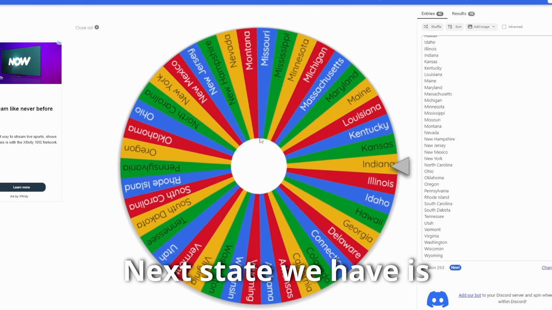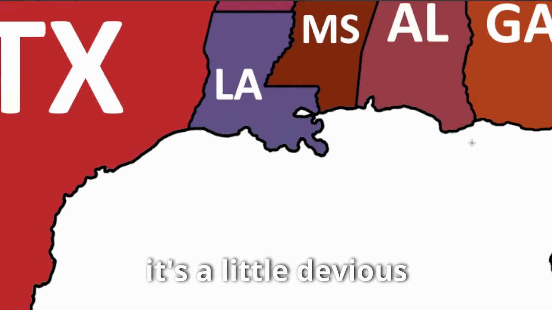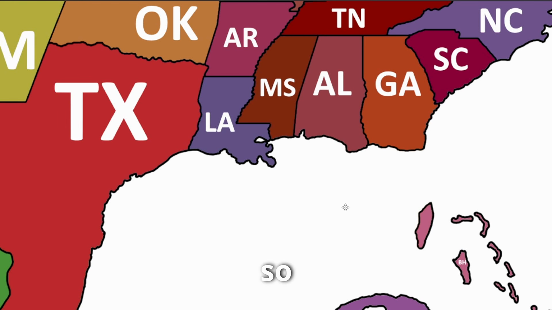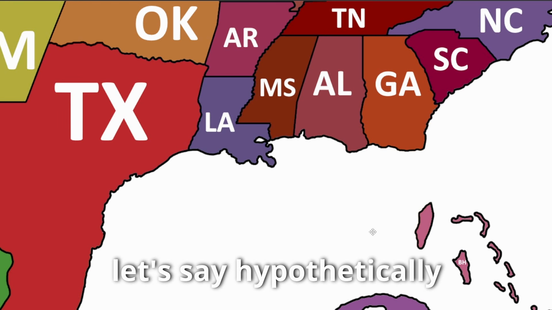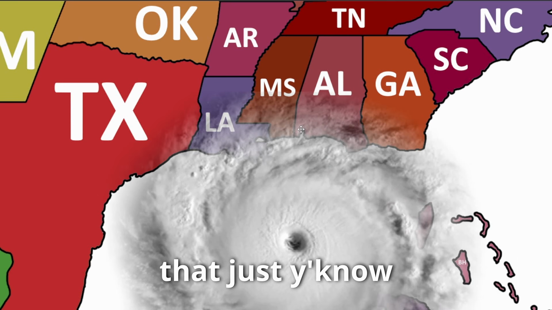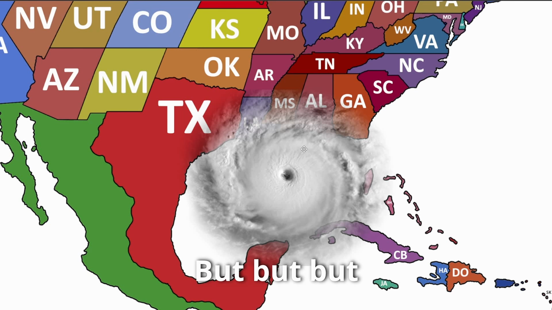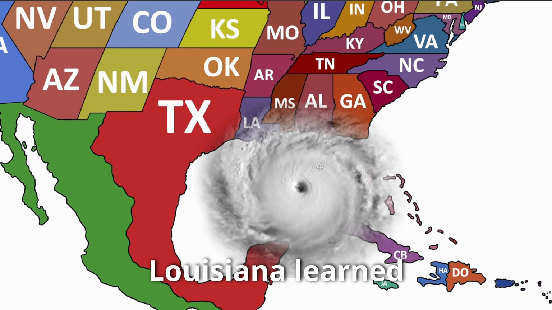Next state we have is Louisiana. I think I might have an idea for this one. It's a little devious, but I think it'll work. So let's say, hypothetically, there was a massive hurricane that just hit directly on Louisiana or something like that. But, in this case, Louisiana learned from the last time.